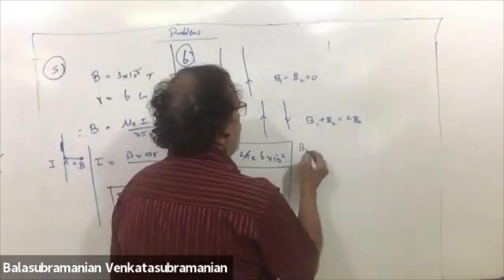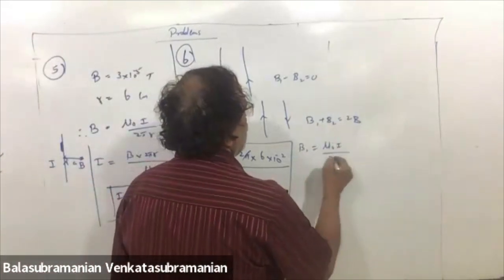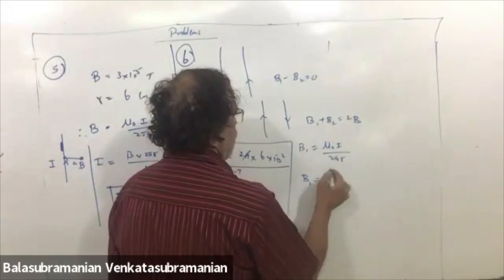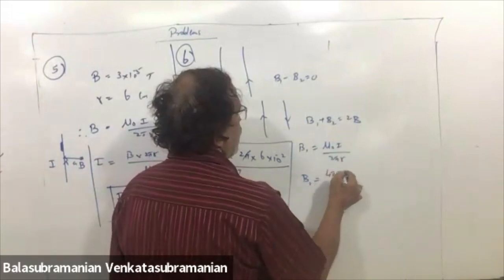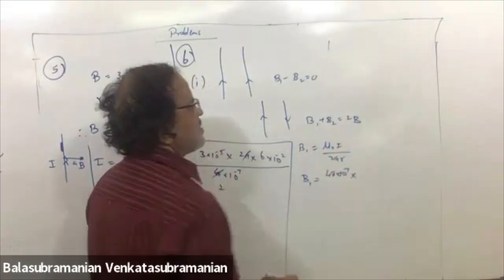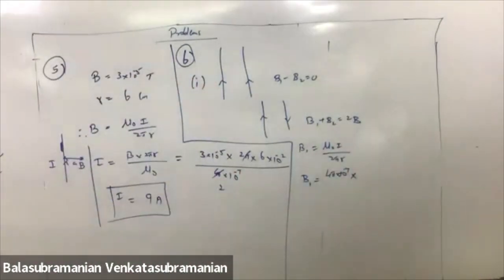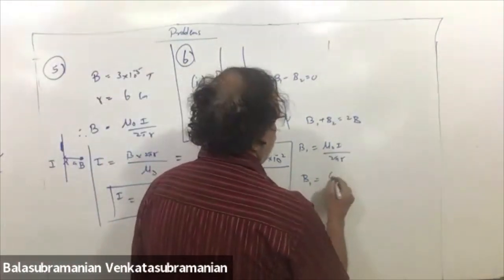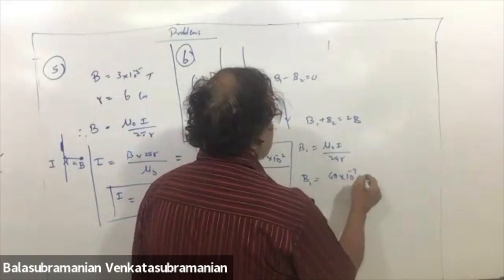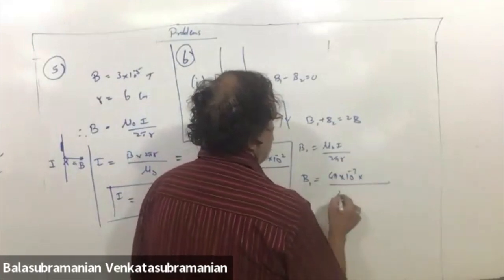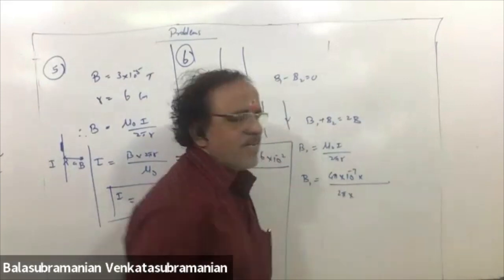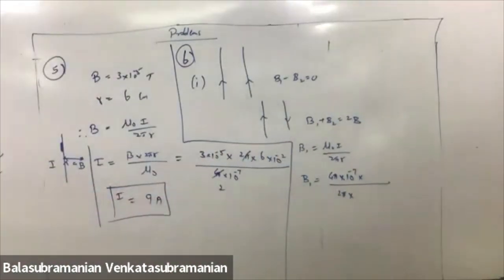So B1 is mu naught I by 2 pi R, 4 pi into 10 power minus 7. What is the current given? 4 ampere. Distance is 16 centimeter. 4 pi into 10 power minus 7, 2 pi into, what is the distance given? 16 centimeter.